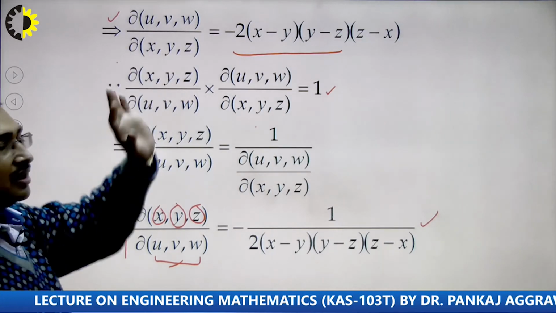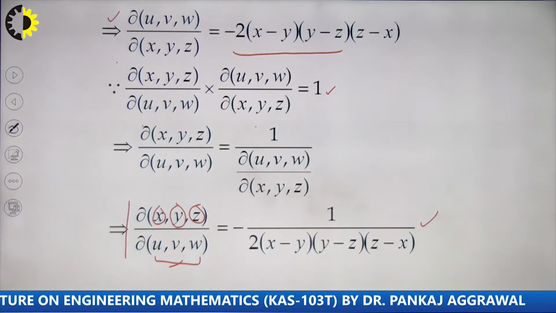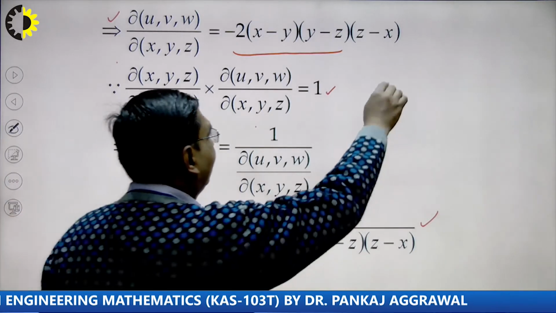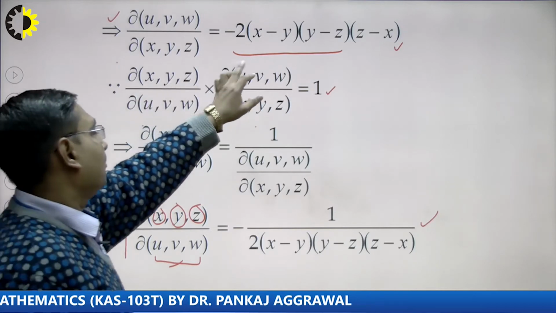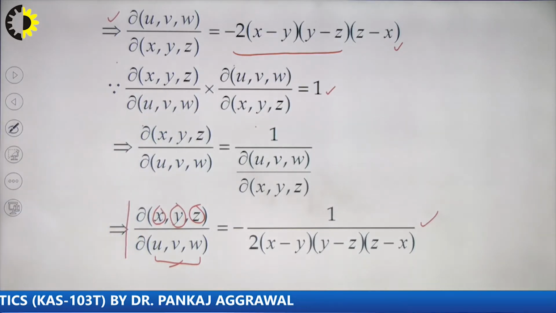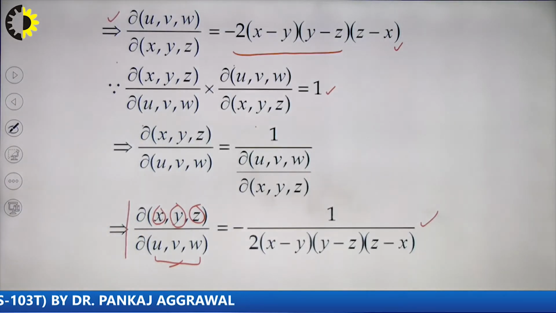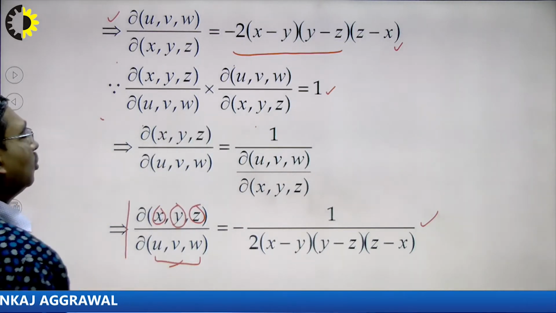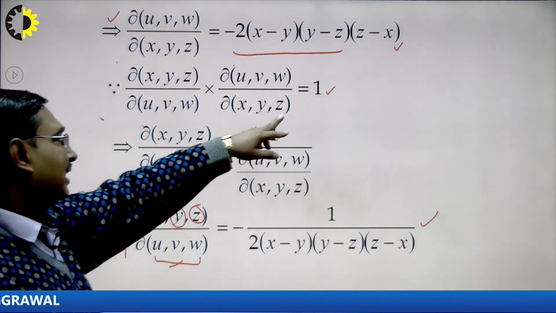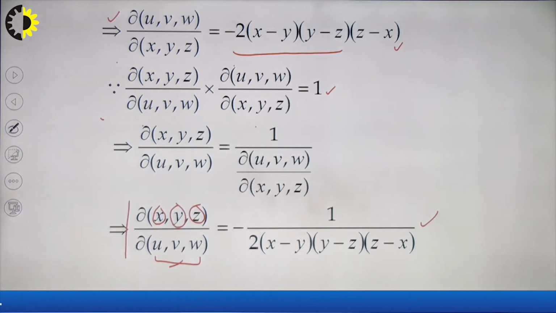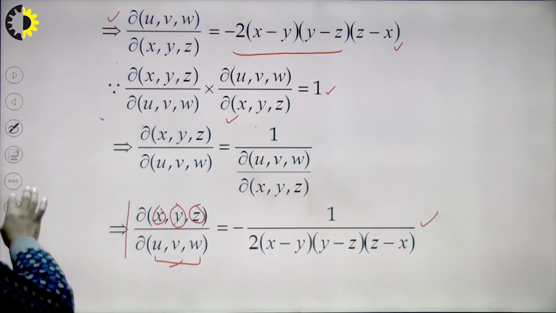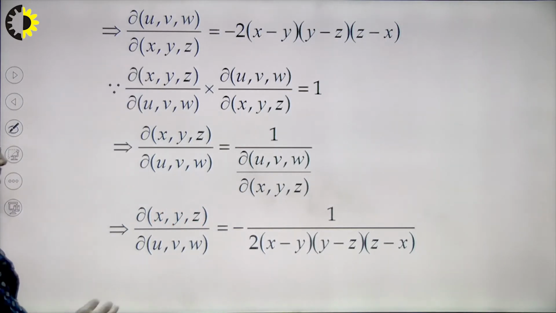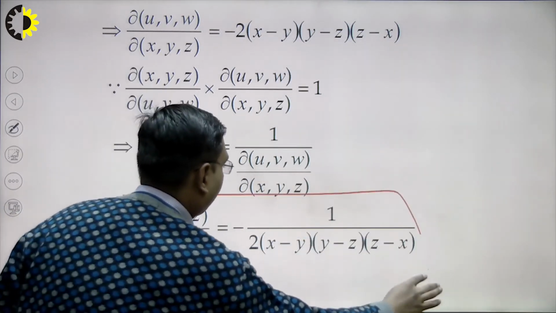I calculated this Jacobian by the direct formula, simplified, and I obtained the value of this Jacobian as minus 2 x minus y, y minus z, z minus x. Then we used the property del x y z over del u v w times del u v w over del x y z equal to 1, and substituting this value here, I obtained the required value which is written here.